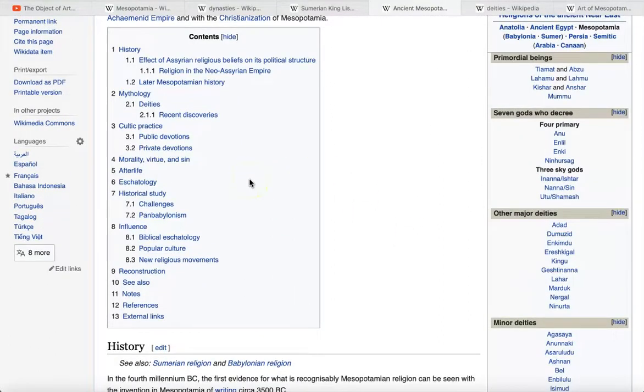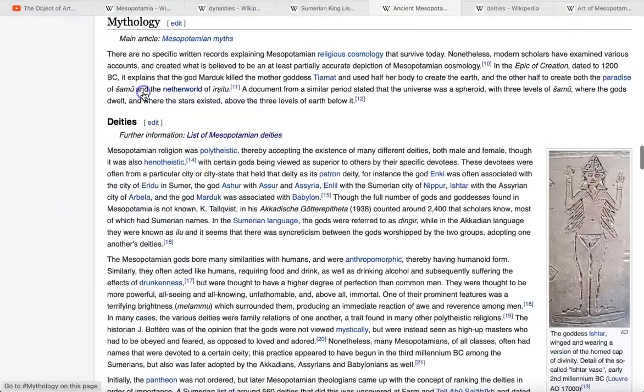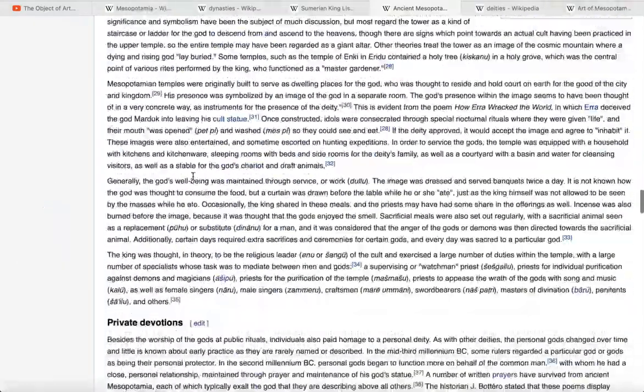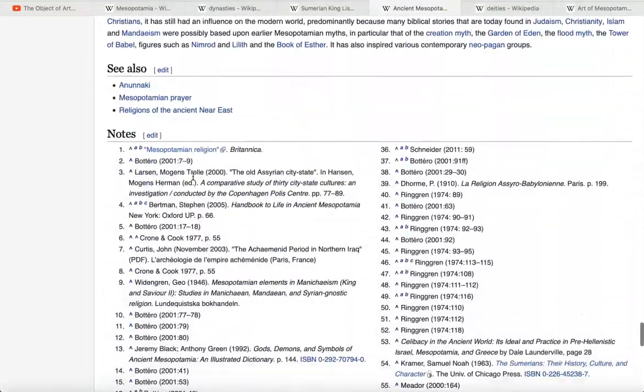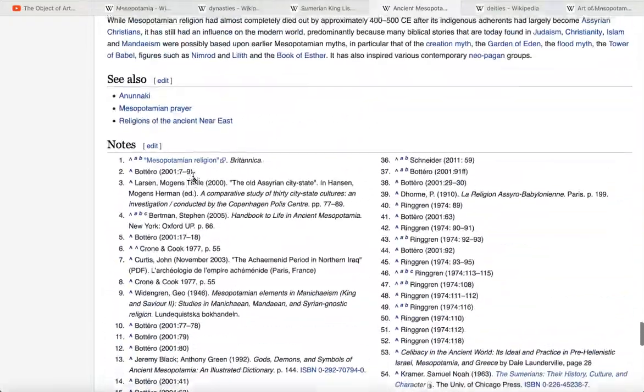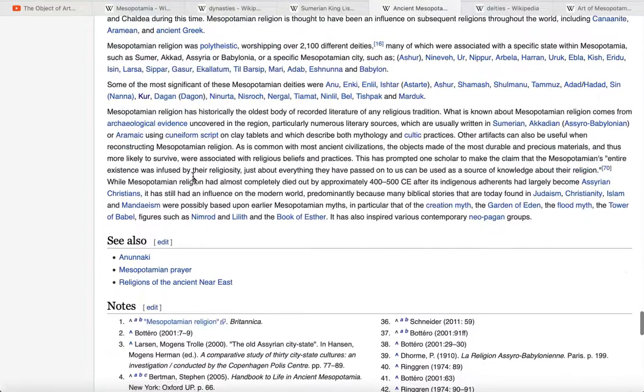Deities. And I'm looking for something that I could have sworn that I saw before, but I could be wrong.